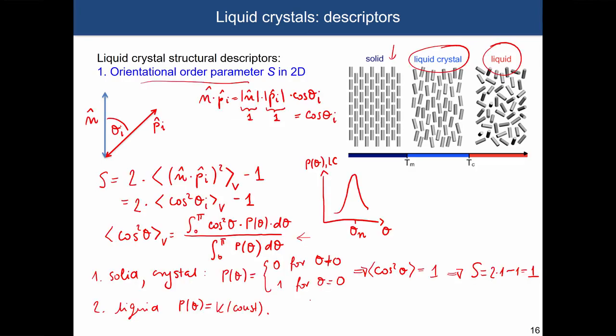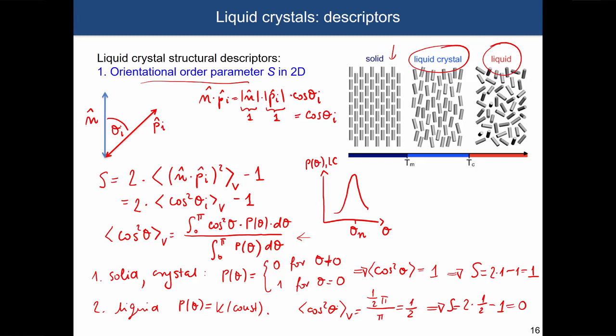So if I calculate the value for S in this particular case, this would be 2 times, I can actually write this down. So the cosine squared theta, that is averaged over the volume, would be 1/2 of pi over pi, and the value would be 1/2. And when you calculate S, it would be 2 times 1/2 minus 1, and it would be equal to 0.